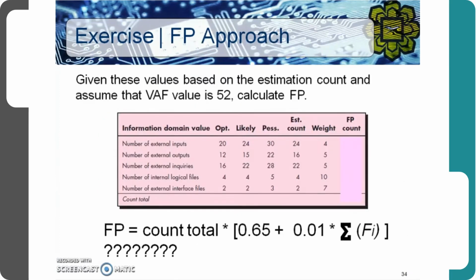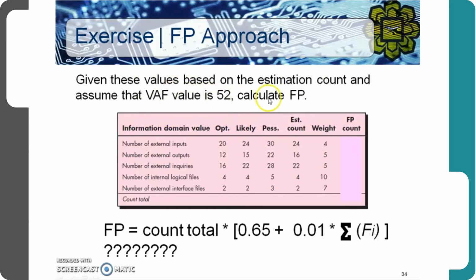As an example, I provided similar information for you to find out whether you understand how to calculate or not. In this example, we assume that the VAF value is 52.